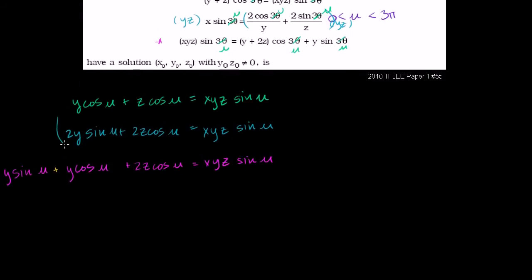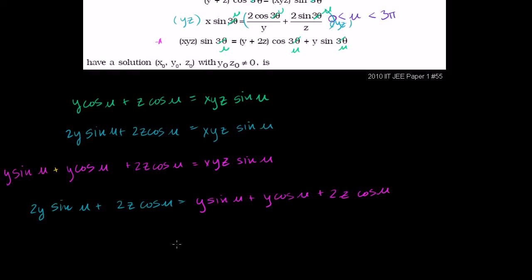So we have 2y sine of u plus 2z cosine of u is equal to this, which has to be equal to y sine of u plus y cosine of u plus 2z cosine of u.